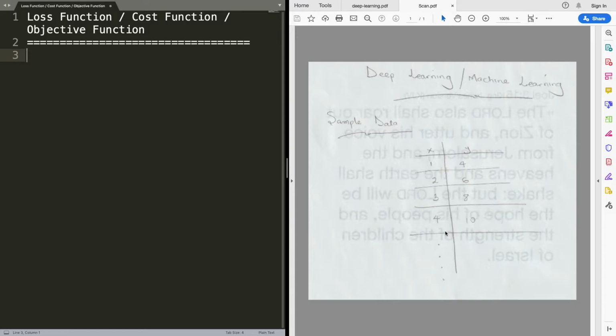In other words, it's telling us how bad our outcome is. That is our outcome, or you could say our prediction, our guess, our hypothesis, our assumption.